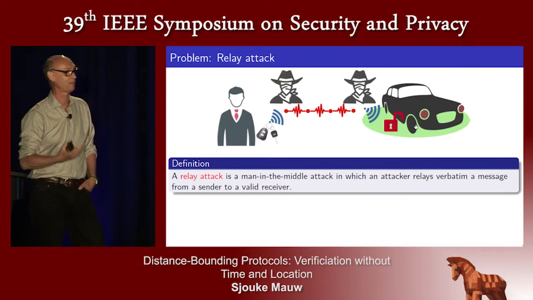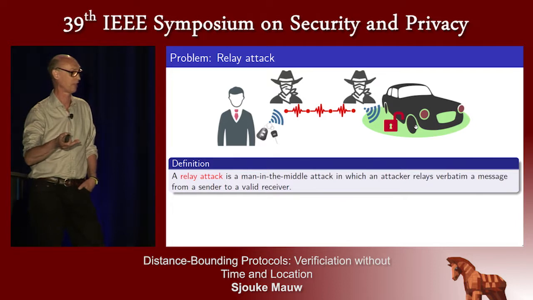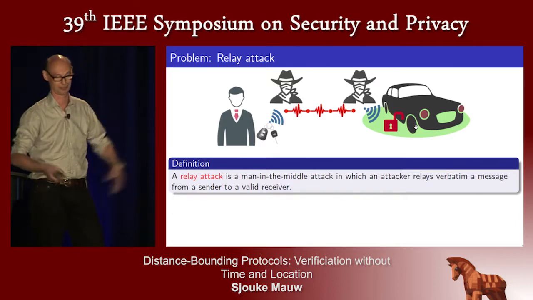And the typical attack here is called a relay attack, which is a man-in-the-middle attack, where the attacker simply forwards every communication to the other party, and in that way wins some distance.